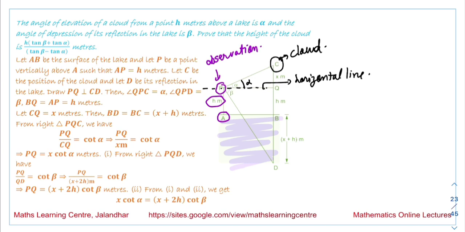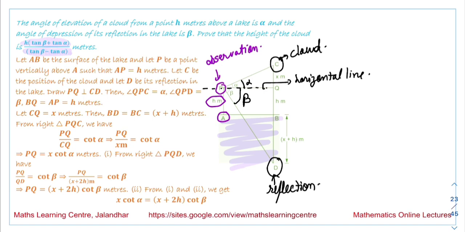This is the cloud and this is the reflection of this cloud in the lake, and the angle of depression of this reflection is beta. We have to prove that the height of the cloud is h into (tan beta plus tan alpha) over (tan beta minus tan alpha).